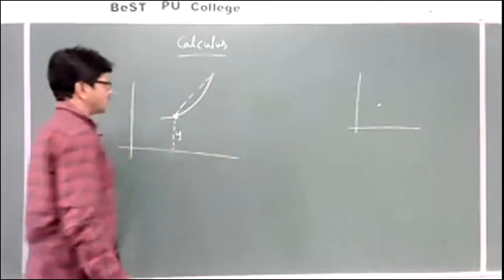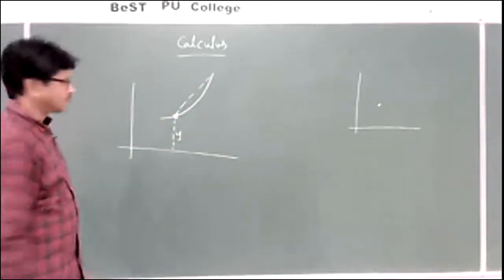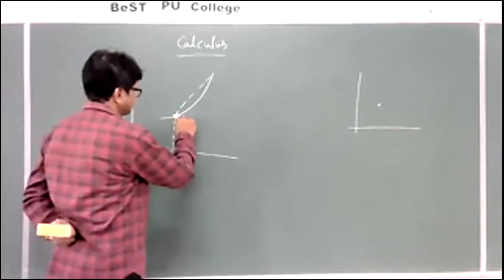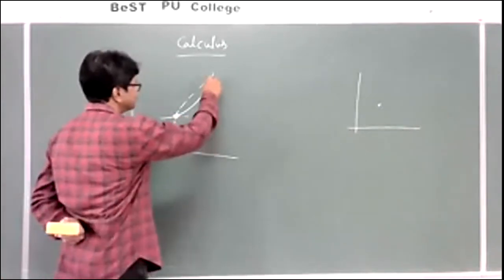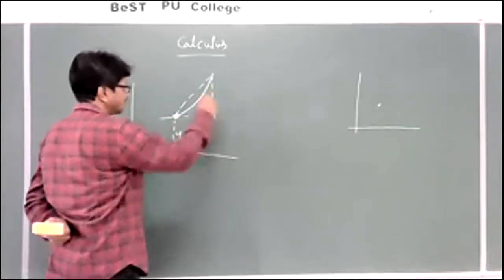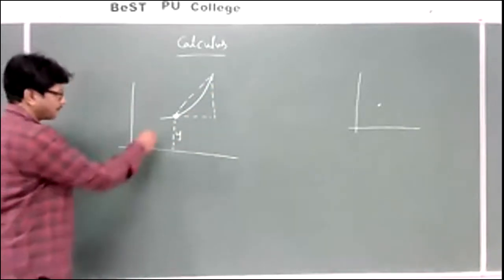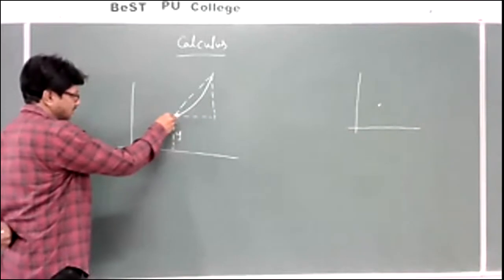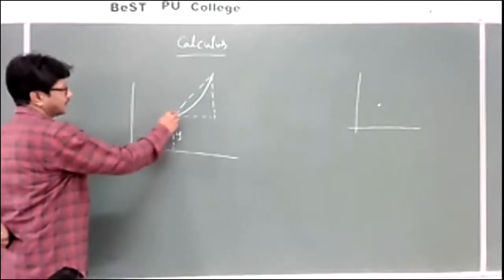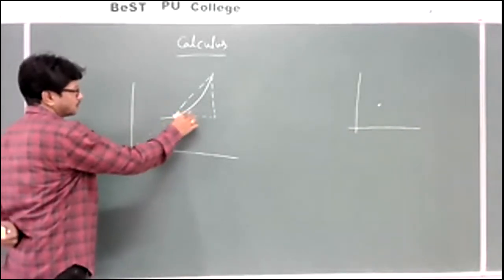So this is one chord now. Now here I am constructing a right angled triangle. The curve is like this, you can say. Here I would like to find the slope.